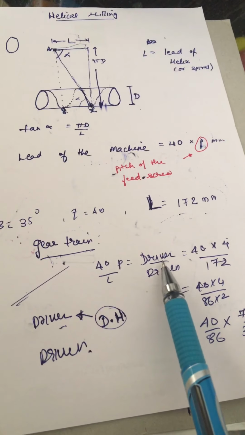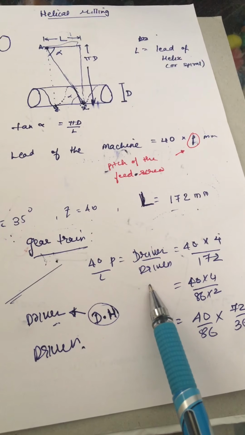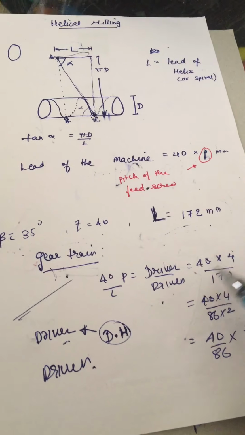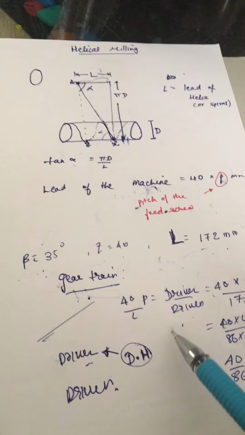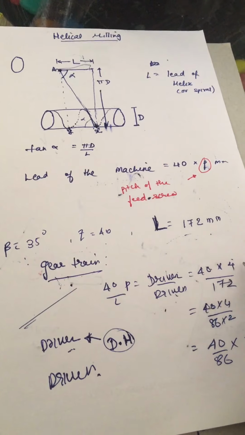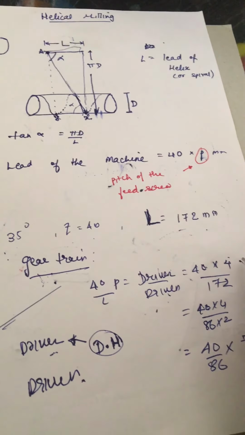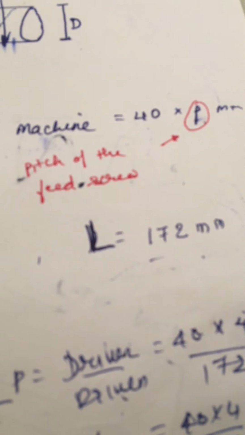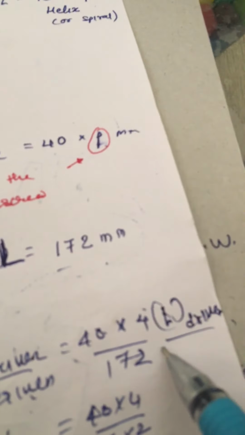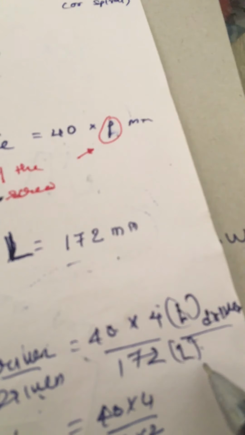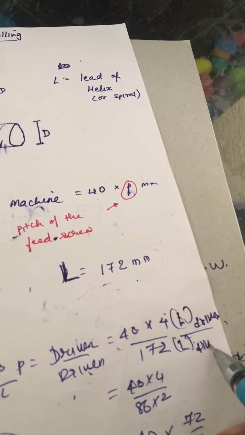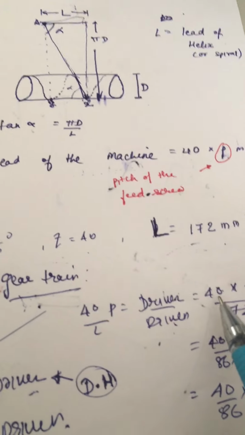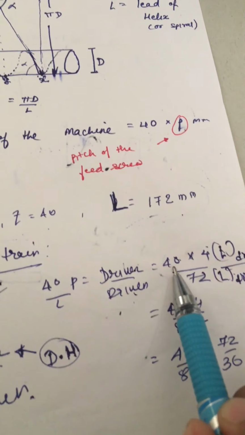So when I take the ratio of driver upon driven, in terms of the lead it is the inverse. So driver upon driven is the lead of the driven upon the lead of the driver. Who is driven? The machine, the table.